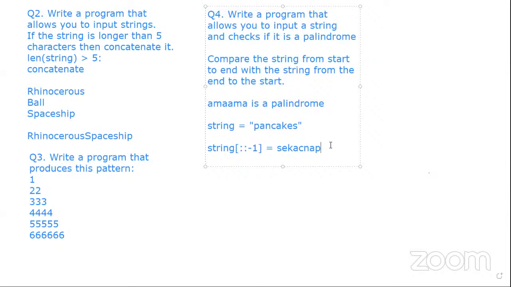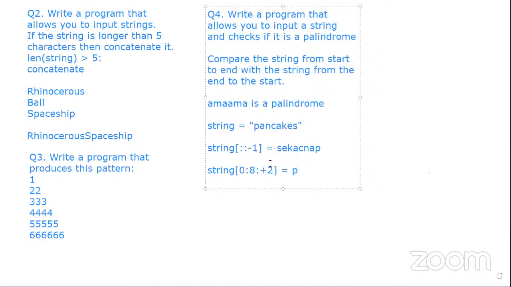So for example, if you're taking this with +2, what you're basically doing is going from 0 to 8, but you're incrementing it by +2. So what's going to happen is it's going to take every other letter.